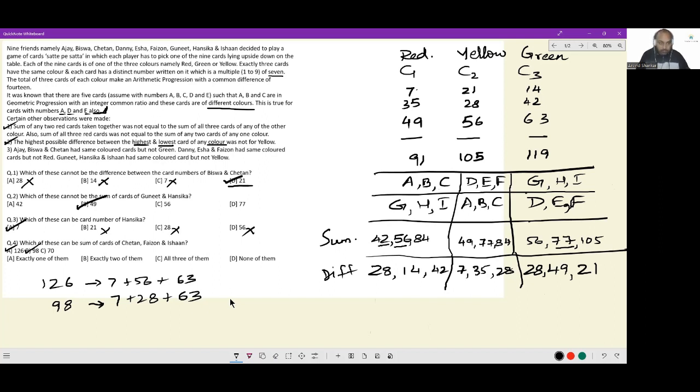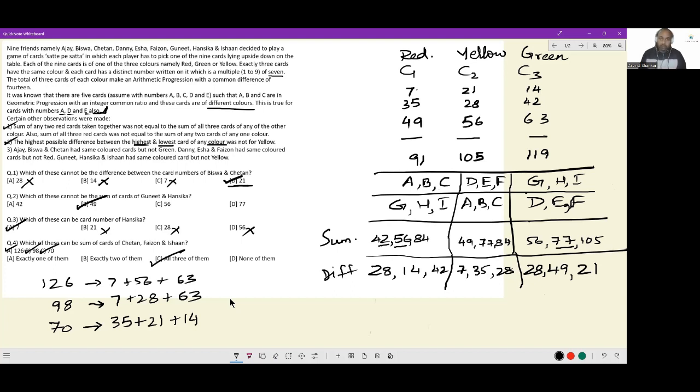And finally, for 70, 2, 3, 5. 5 is here, 3 is here, 2 is here. Yes, I can have 35, 21, and 14. So even 70 can be created. So finally, which of these can be the sum of cards of Chetan, Faizan, and Isha? All three of them can be the sum of cards, and that is the entirety of this set.